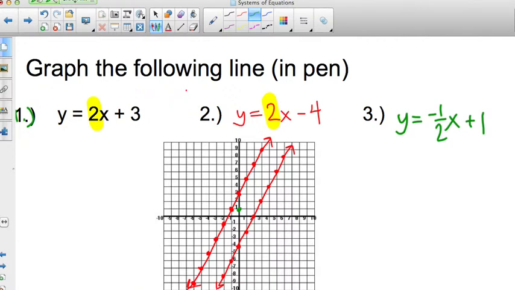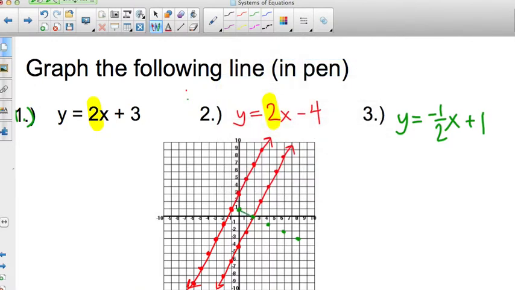I'm going to start at 1, because that's my y-intercept for this line, and my slope is negative 1/2, so I'm going to go down 1 to the right 2, down 1 to the right 2. Keep going.